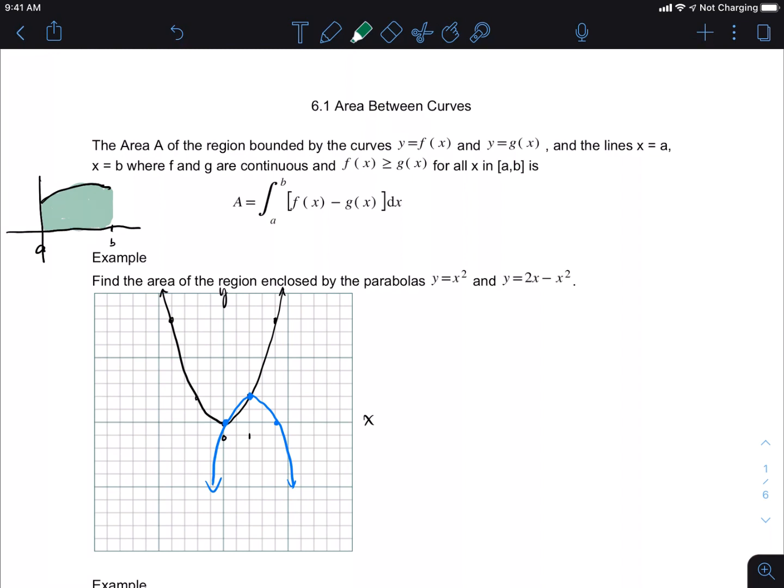Agreed? Okay, so that's if that was f of x. If I gave you another function and I said it was something like this, and it went from that same a to b, then the area under the curve would be this piece, correct?